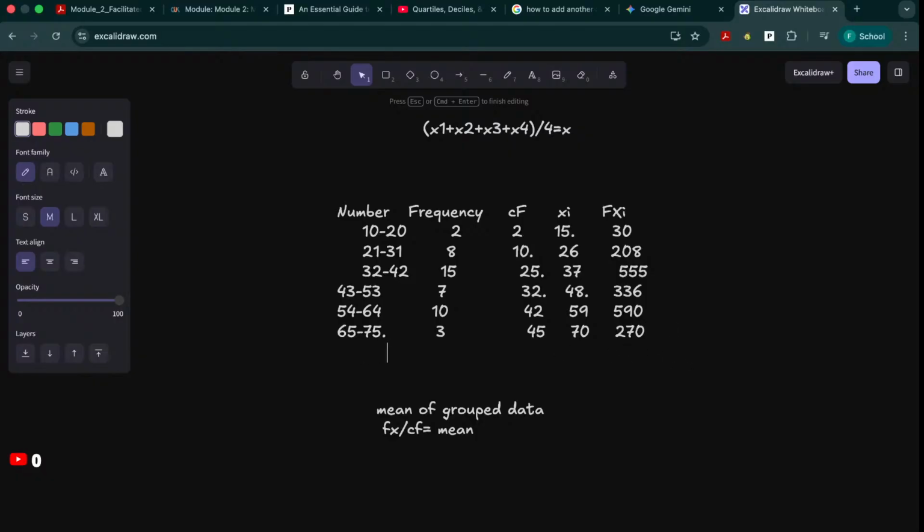Then we are supposed to do the totals. So here the cumulative frequency is 45. We got it here. For midpoint we don't do anything. If we add these numbers, it's supposed to give us 1989. But let me just confirm.